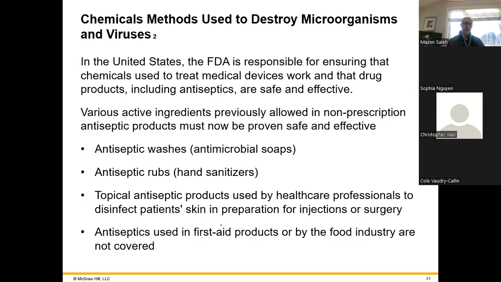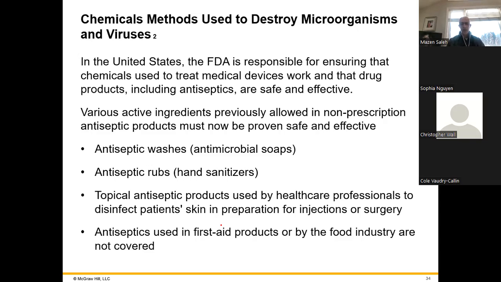There are in fact hundreds, if not thousands, of different agents out there that are allowed in non-prescription antiseptic products. But there must be some kind of proof, experimental evidence, some type of research on the material to actually prove its effectiveness and its safety at the same time, right?